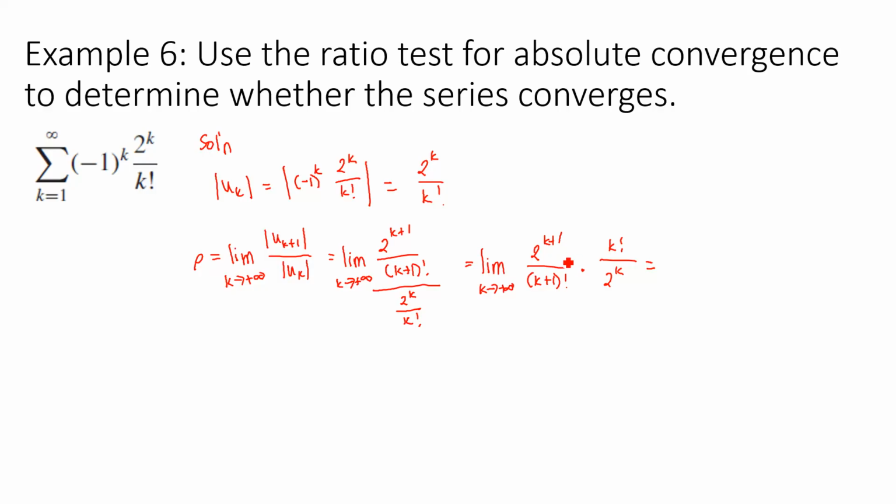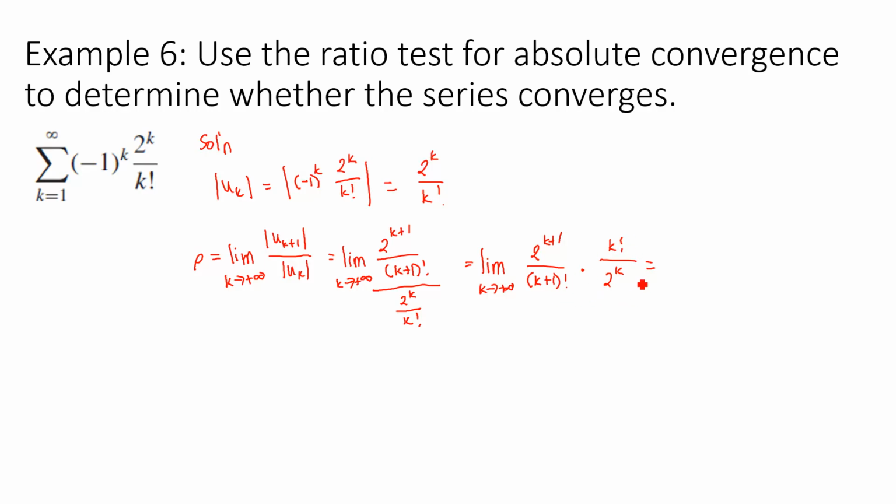So the 2 raised to k can be divided out. And then here you have k plus 1 factorial, which is k plus 1 times k factorial, so the k factorial can be divided out.